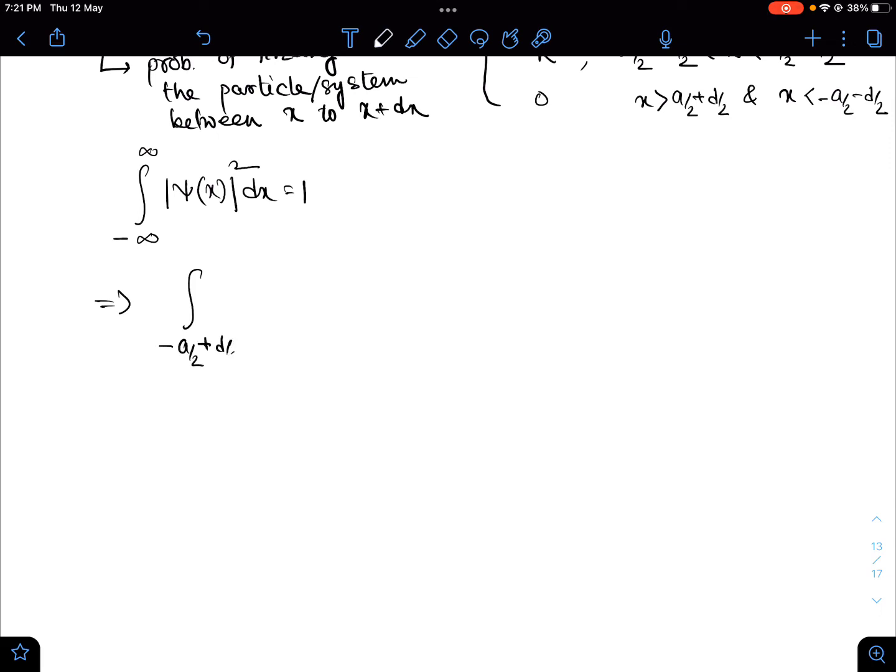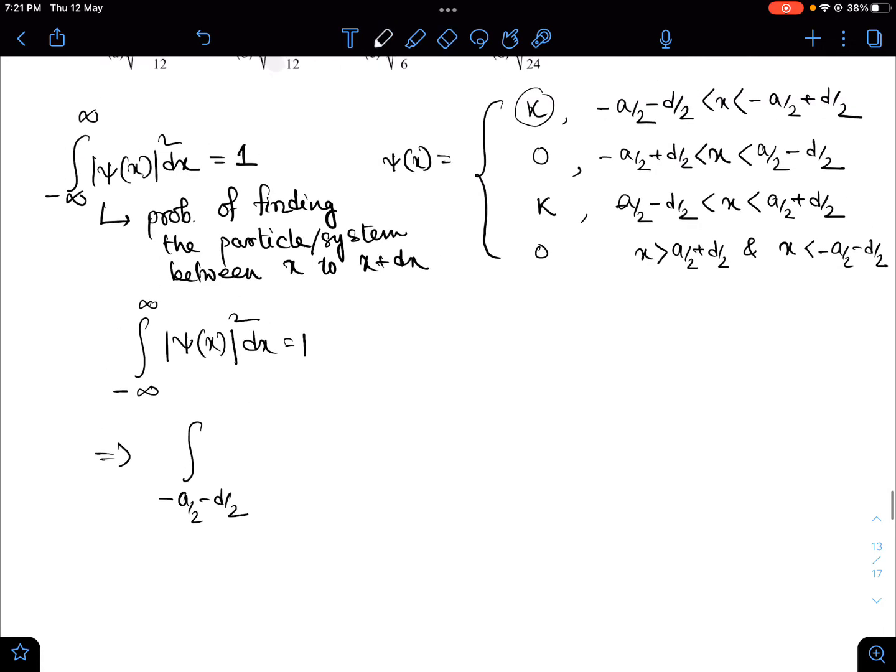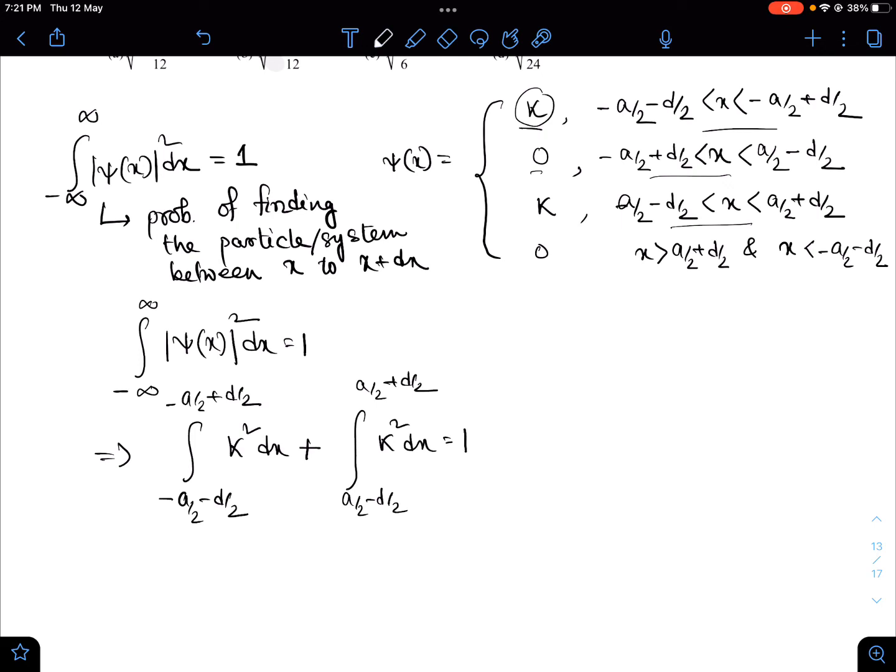In the region from minus a/2 minus d/2 to minus a/2 plus d/2, psi has the value k, so it will be k squared dx. In the middle region it is 0, and in the region from a/2 minus d/2 to a/2 plus d/2 it again has the value k. So this is 1, and in the rest of the places the wave function is 0.